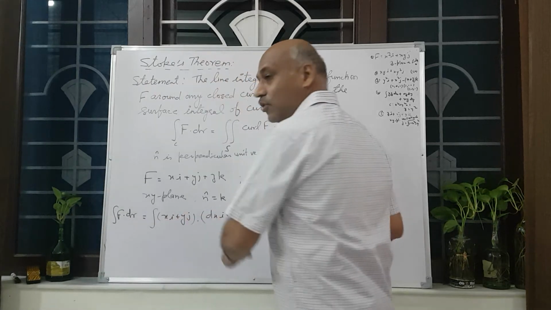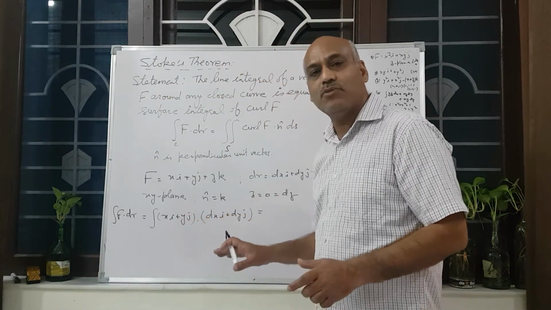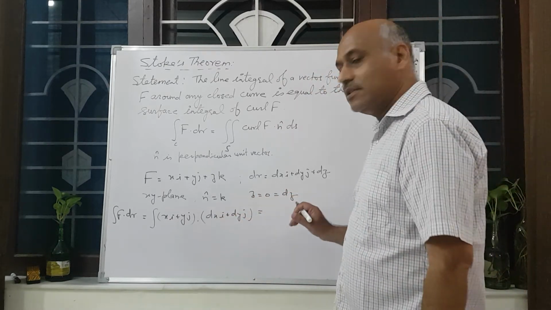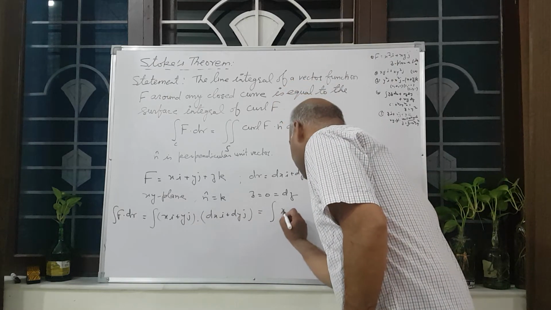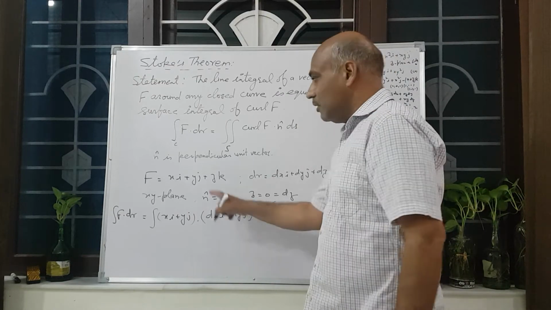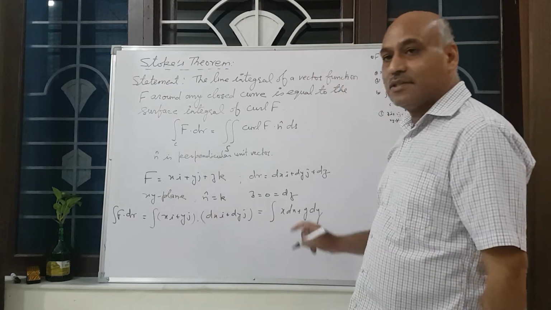Since we have to do dot multiplication, dot means i with i, j with j, k with k. i dot i is 1, j dot j is 1, k dot k is 1. So in the xy plane, F dot dr is x dx plus y dy.